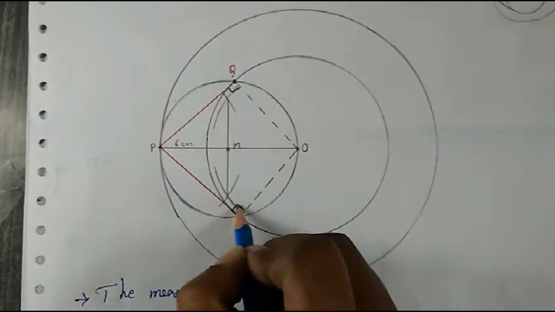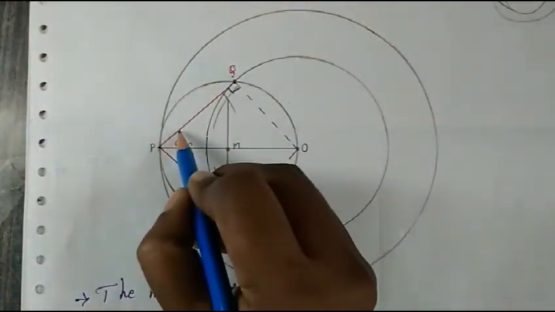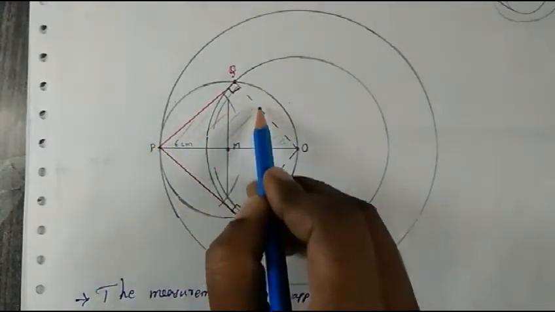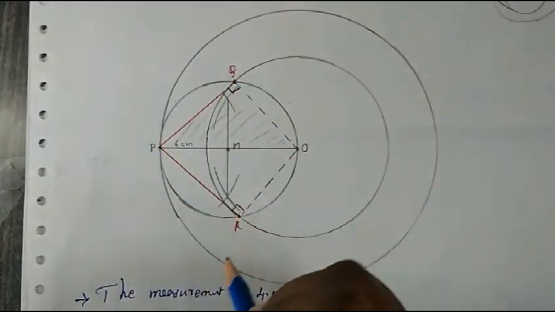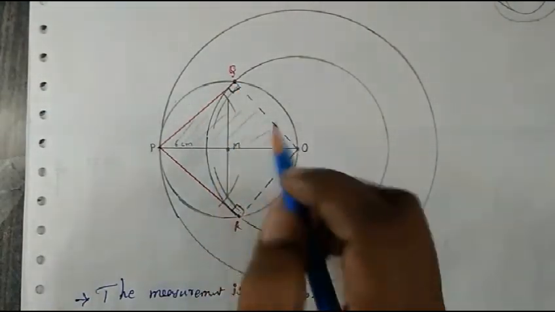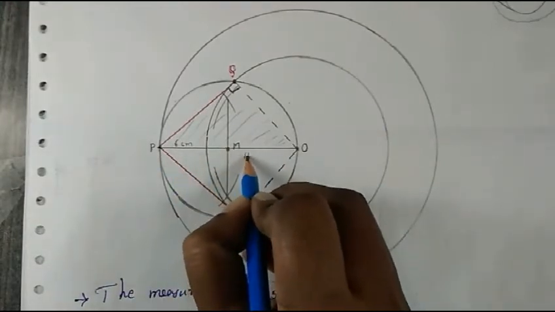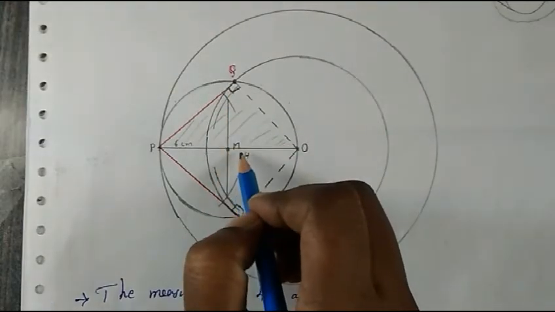This is a right angle triangle, so you get 90 degree. Here also 90 degree. You just look at this. If you want, I can shade it like this. So when we join, it becomes 90 degree. If this is 90 degree, then this becomes the hypotenuse, because opposite to the 90 degree will be hypotenuse.